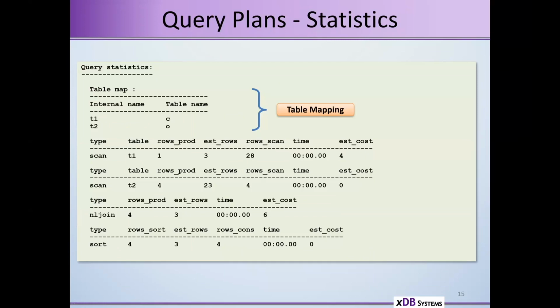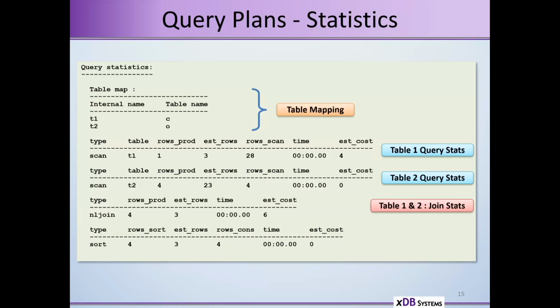So these T numbers are then used in the information below. So we see our first table, T1, which maps to table C. We see that this row was accessed first, and that then all the numbers to the right apply to the access of that table. That's followed by a second table and the statistics for that table alone.